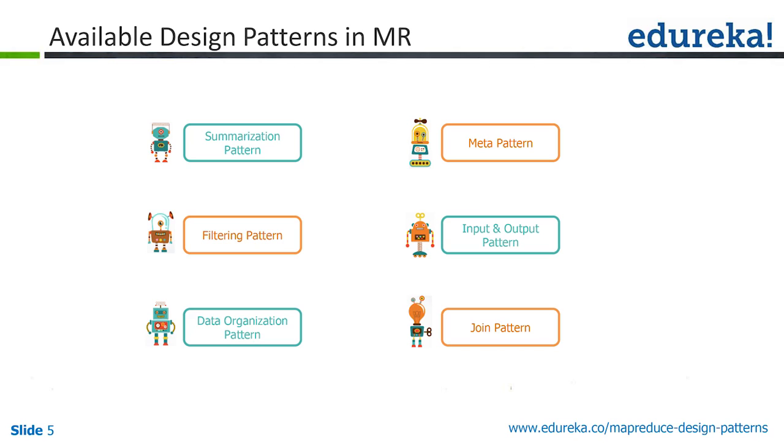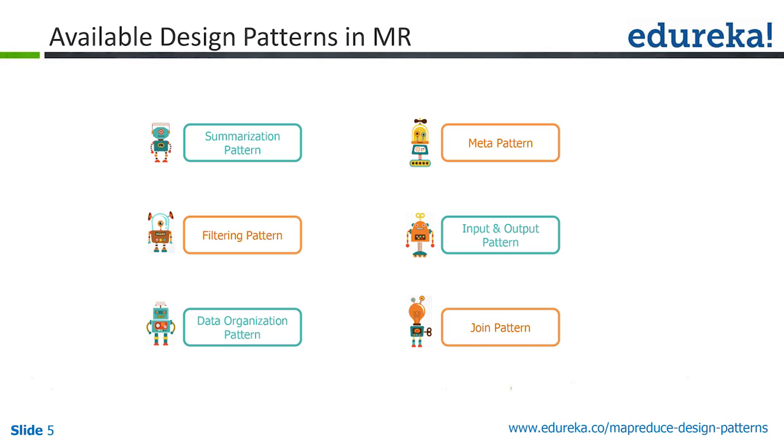So meta patterns and the input-output patterns are slightly different from all the other patterns that I just talked about on this page. The difference being that the confines of all the previous 4 patterns I talked about are limited to a single MapReduce job, whereas the confines in meta patterns go beyond a single MapReduce job.